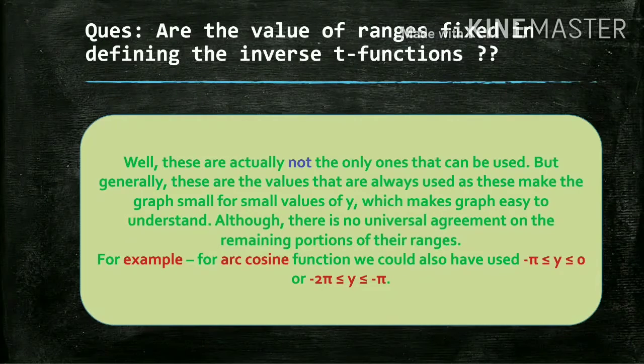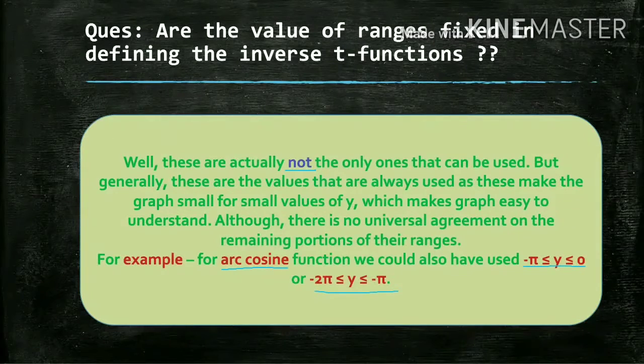So the answer to your question is no. This is not the only value. There can be other ranges possible to define the inverse trigonometric functions. For example, for the cos inverse function, we have used the range as the closed interval 0 comma pi. We could also have used the closed interval minus pi comma 0, or the closed interval minus 2 pi comma minus pi.